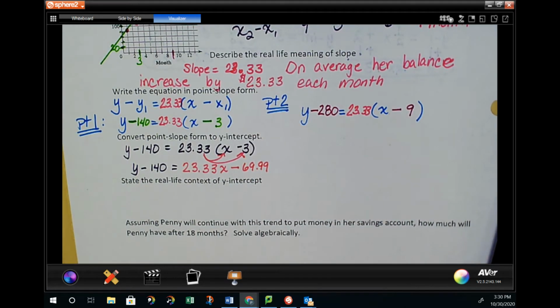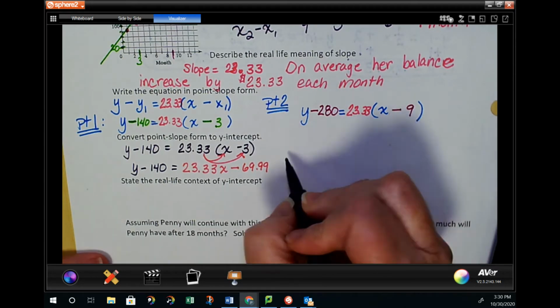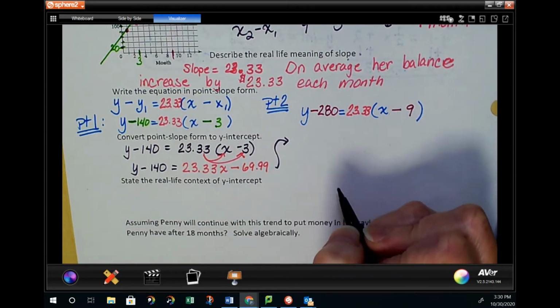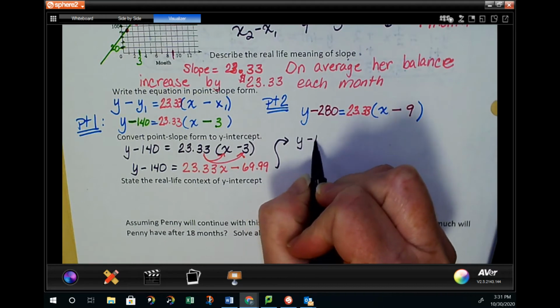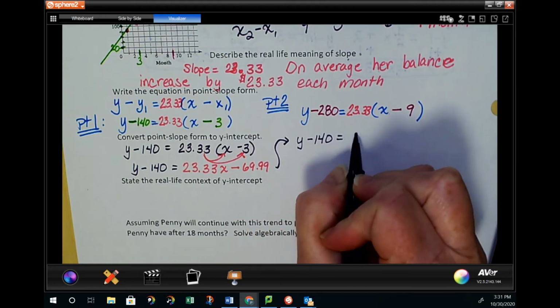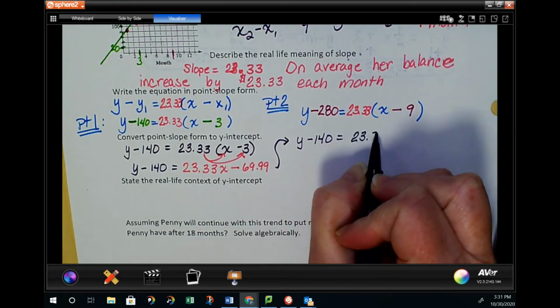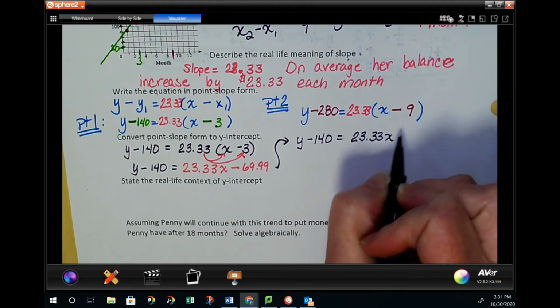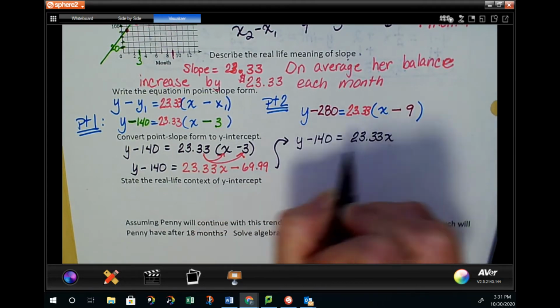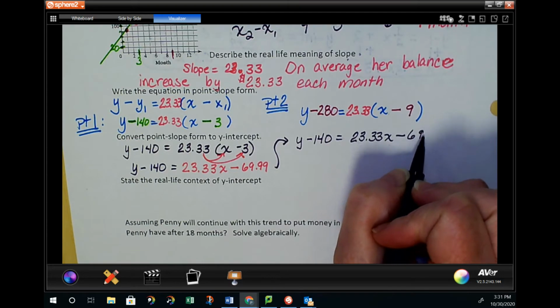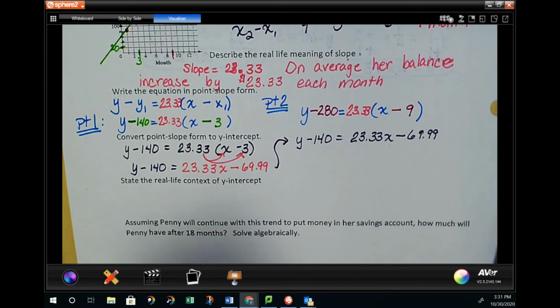So I ran out of room, so I'm going to rewrite this, and I'm going to move this over to over here. So now we have y minus 140 is equal to 23.33x. And then I'm going to round this, and then that's minus 69.99. So now we have to go through and we're going to solve for y.